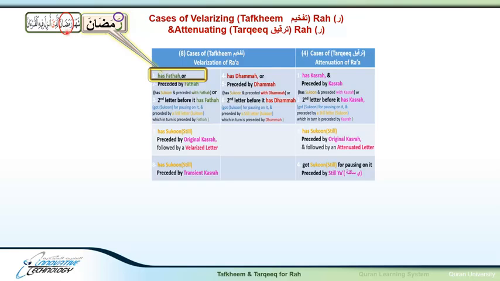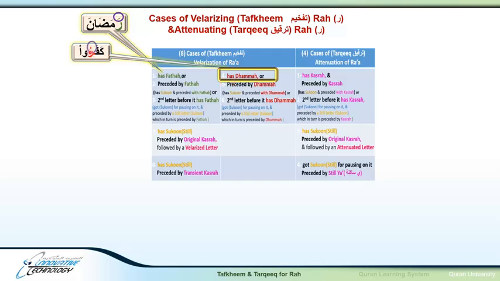Ramadan, Ra, and not Ra. Then, if the Ra itself has a Dhamma, like we see here, the Dhamma over the Ra in Kafaru, let's listen. إن الذين كفروا. Kafaru, Ru, and not Ru.